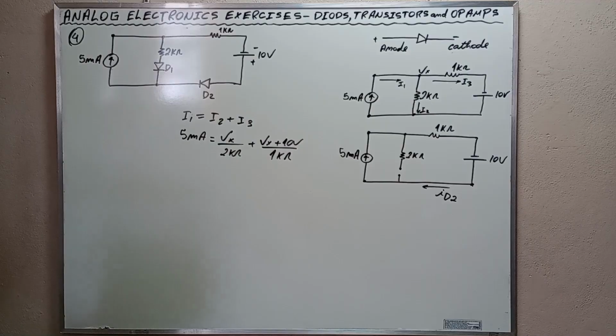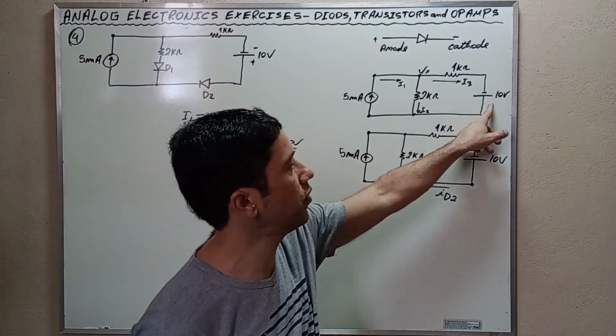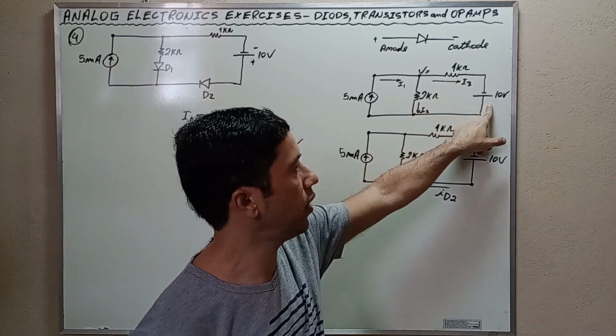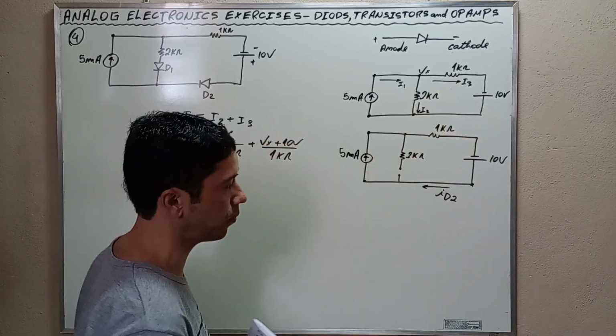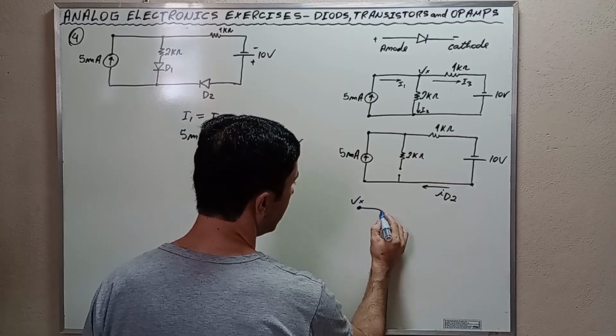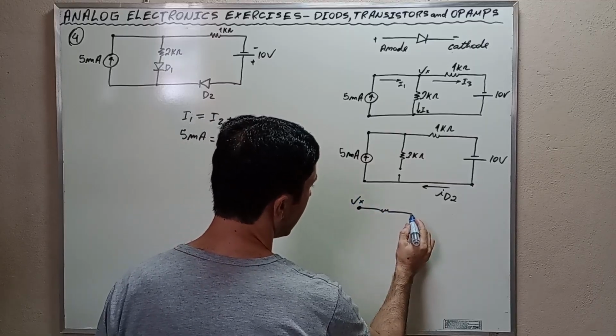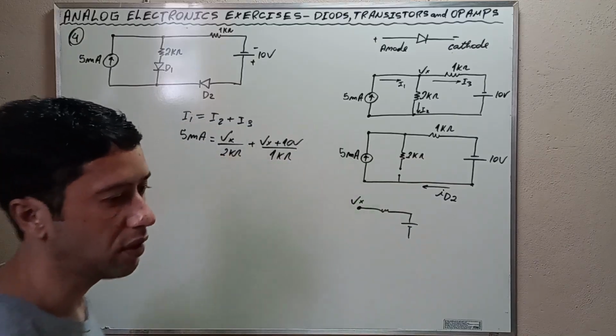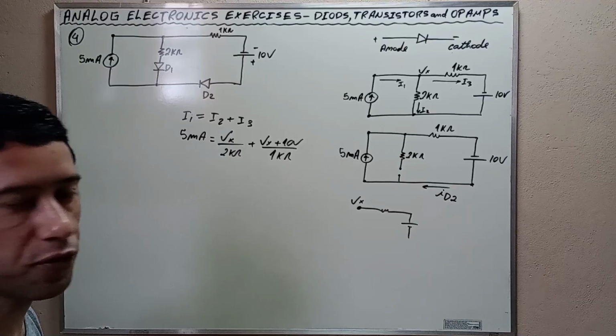Observe that as the polarity here is inverse, pay attention, when we have Vx here, the resistance, and we have a voltage in this way here, they subtract one from the other.